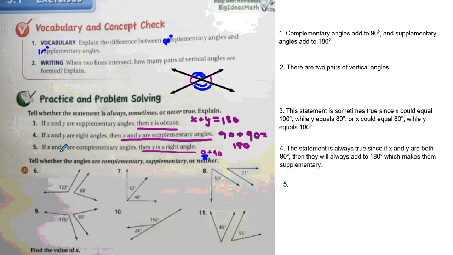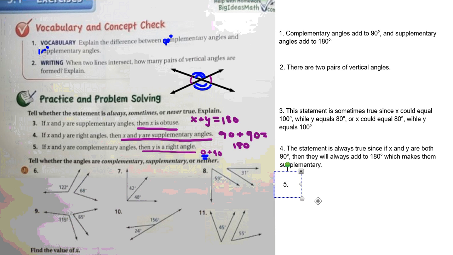So in order for x and y to be complementary, x would have to be at least some fraction of a degree. Let's just, for argument's sake, say that x is 1 degree, and then y is going to be 89 degrees. Then they're complementary, but then y is not a right angle. So this one is never going to be true.